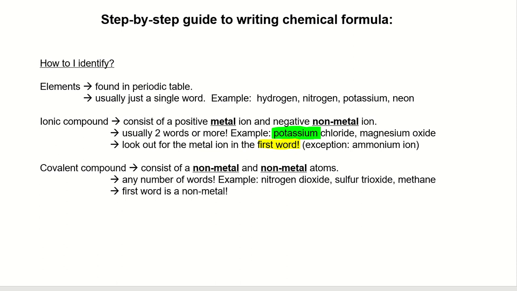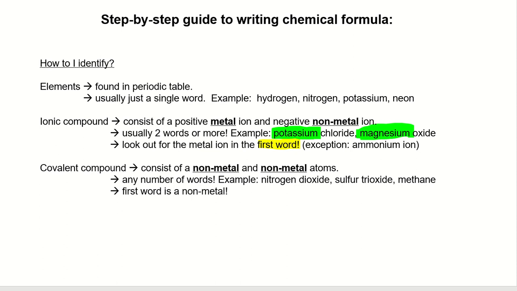Usually if this is an ionic compound, the first word is going to be a metal. So potassium is a metal. Chloride comes from chlorine, which is a non-metal. So metal and non-metal, this is an ionic compound. And magnesium oxide consists of magnesium ion and oxide ion. Magnesium is a metal, oxide comes from oxygen, which is a non-metal, so this is an ionic compound.